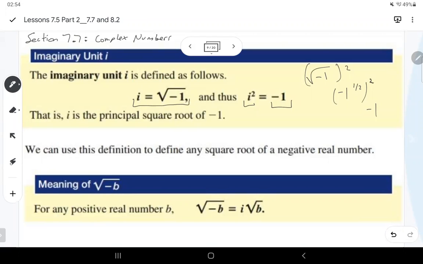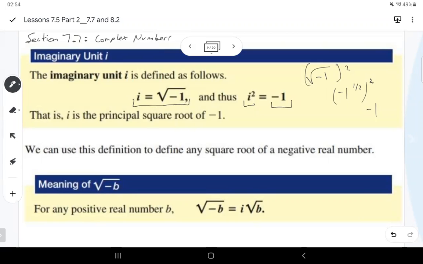There's also i cubed and i to the 4th, and they do keep going. They are cyclic, so every 4 rounds is the same: i, -1, negative i, and then 1. And they rotate like that.